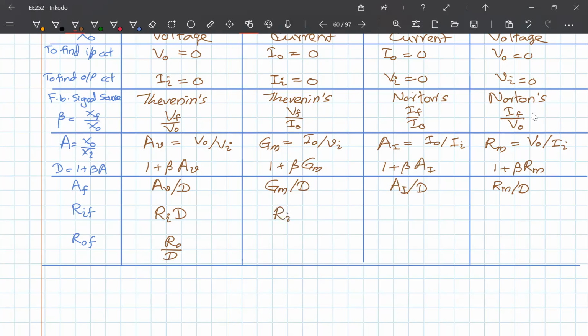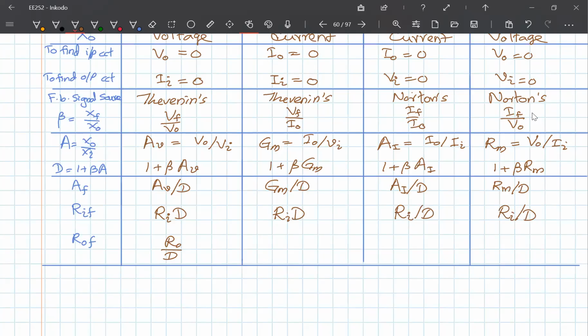You are connecting something in series, and when you connect something in series, impedance has to increase, right? In the other two cases, you are connecting a shunt or parallel connection because you need to feed back the current, so the input resistance will be reduced. In both these cases, R_i will be reduced.